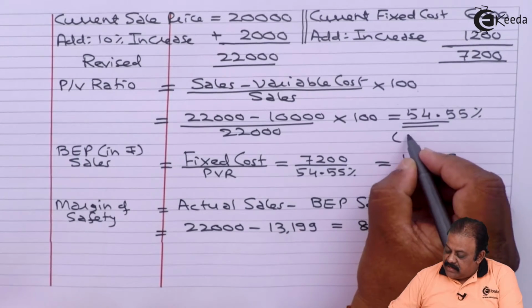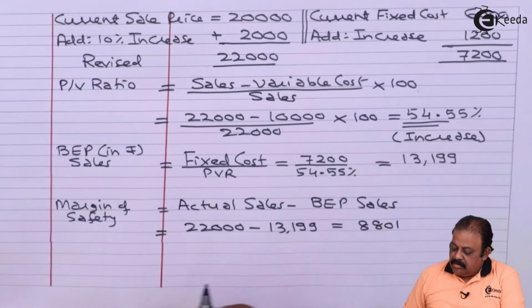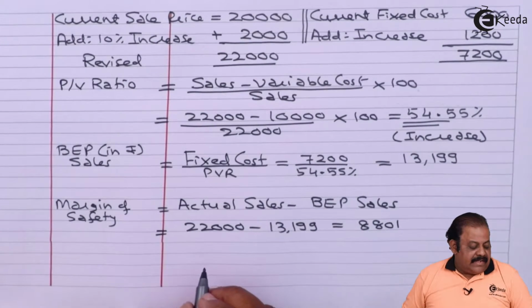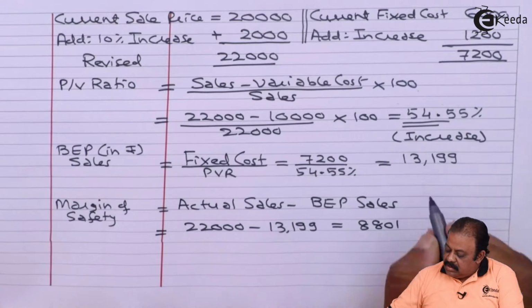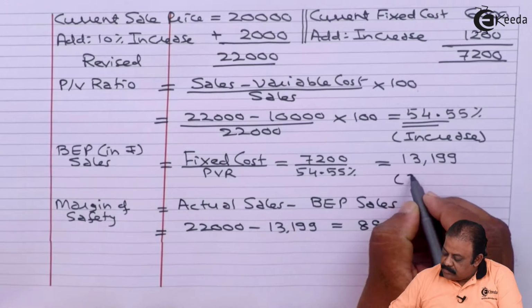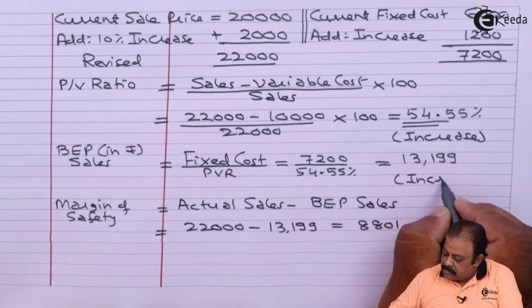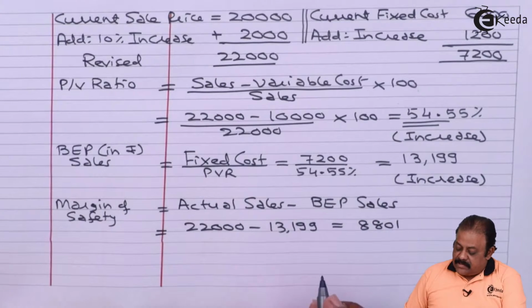So PV ratio, originally it was 50%, revised is 54.55%. So there is increase in PV ratio. Break-even point sales, originally we had 12,000, revised is 13,199. So there is increase in break-even point sales.